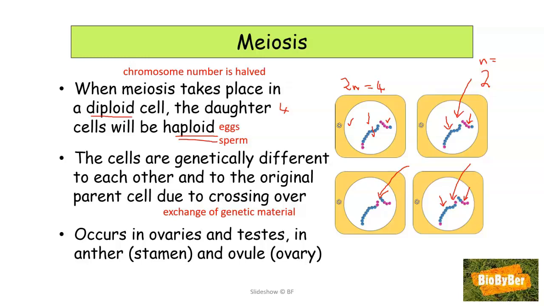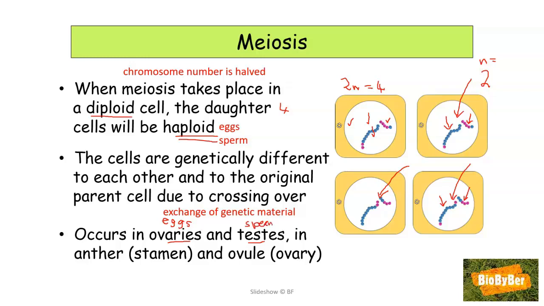Now, the process of meiosis occurs in the ovaries of a female or in the testes of a male. Now, this makes logical sense as meiosis is an important process in the formation of eggs and in the formation of sperm cells.